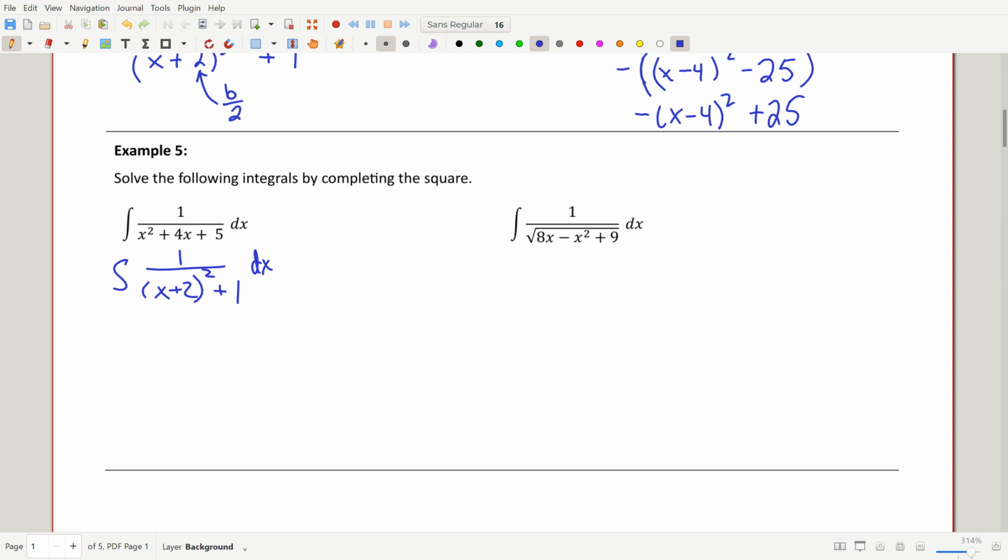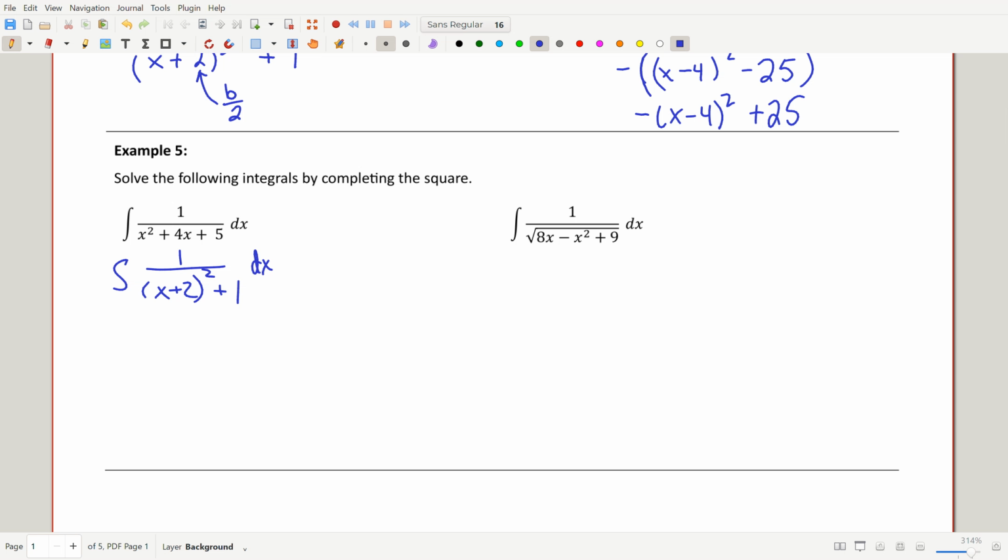That could be u sub. That could also be linear u sub, right? u is x plus 2. du is dx. This is going to work just like 1 over x squared plus 1, but the argument isn't x, it's x plus 2.